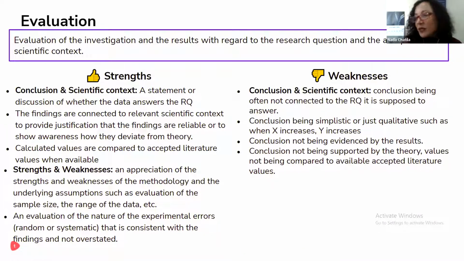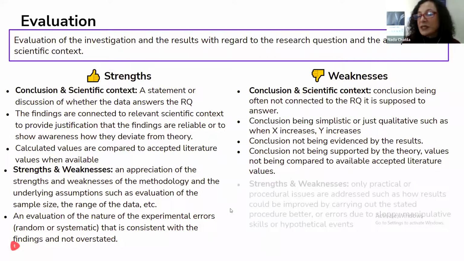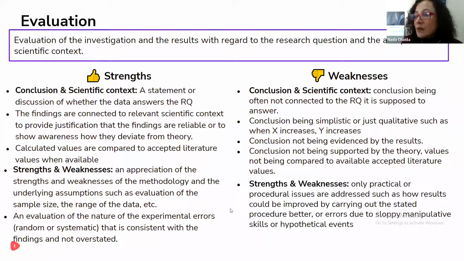And that are consistent with the findings, and this could be considered in the weaknesses, often students use the word precision and accuracy interchangeably, or they use random errors and systematic errors interchangeably, and this is a weakness.